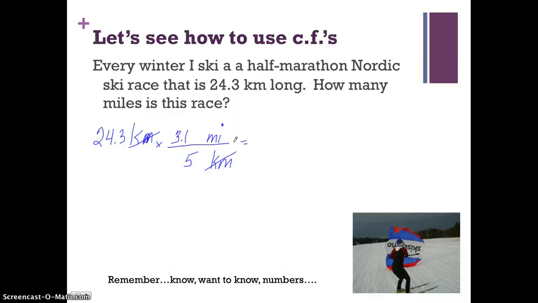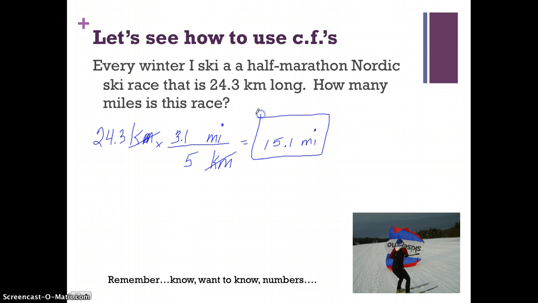So I got my phone out here, 24.3 times 3.1 divided by 5. And it says 15.06. I'm going to use 3 significant figures, and I'm going to answer this as 15.1 miles. So my ski race is 15.1 miles.